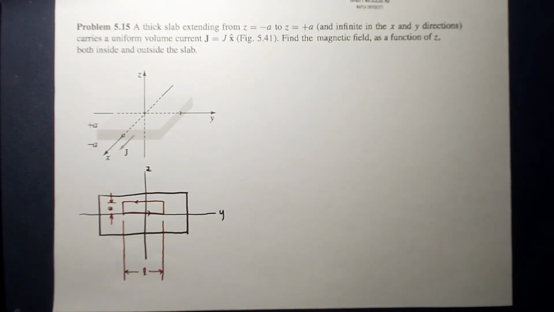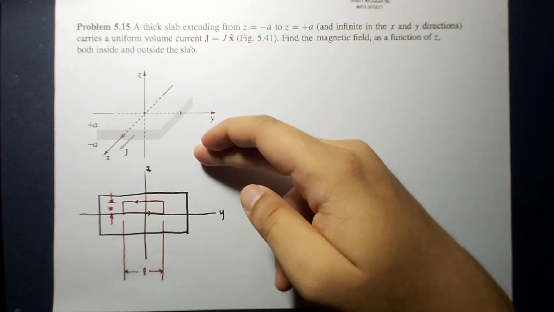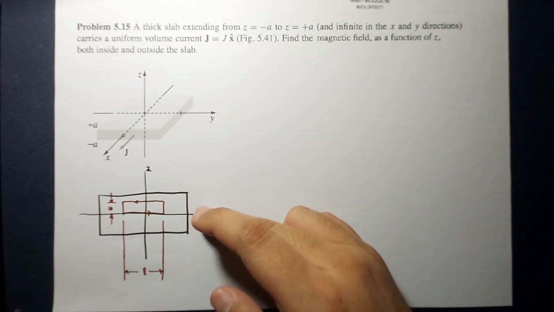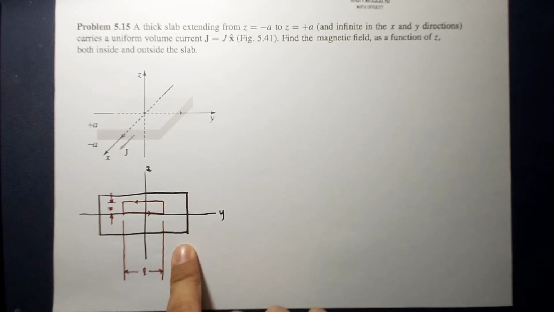So by right hand rule, the magnetic field points in the negative y direction for z greater than 0, and points in the positive y direction for z less than 0.